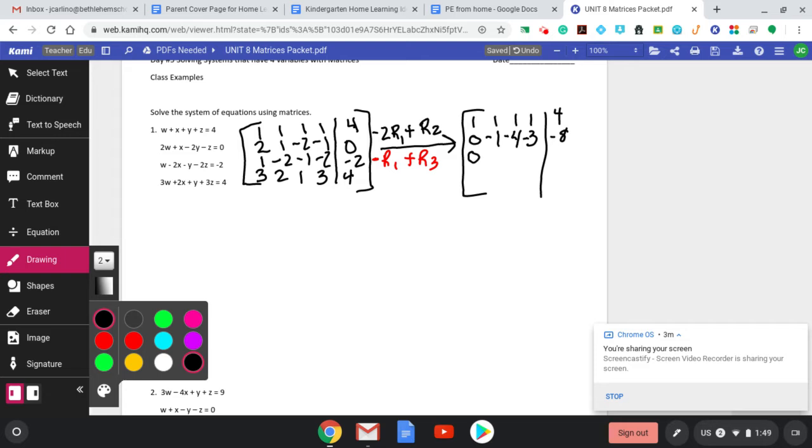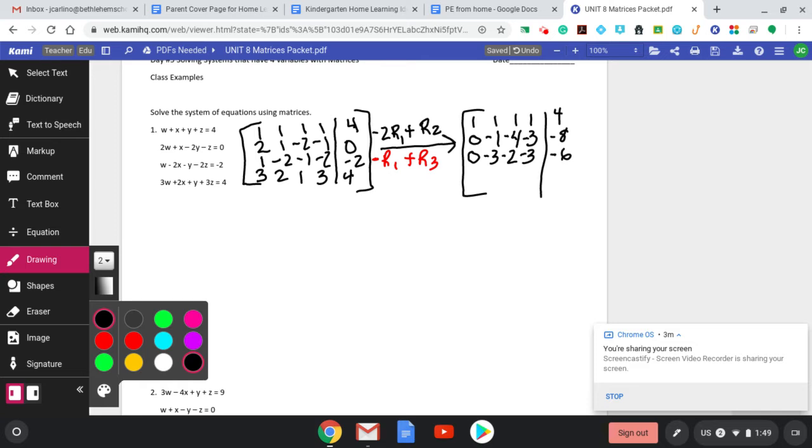Next one, let's see, that's -1 plus -2 gives me -3. That's going to be -1 plus -1, -2. So you got to be careful. -1 plus -2, that's going to be a -3 as well. And now I'm going to have -4 plus -2 is -6. So hopefully we're all looking good there.